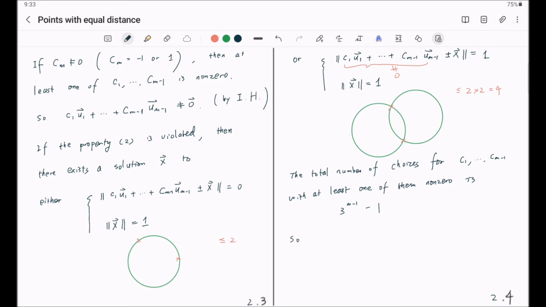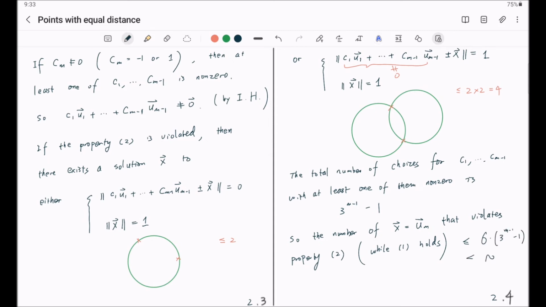So the number of x which plays a role of u sub m that violates property number 2, where number 1 holds, will be less than or equal to 2 plus 4 times this number.